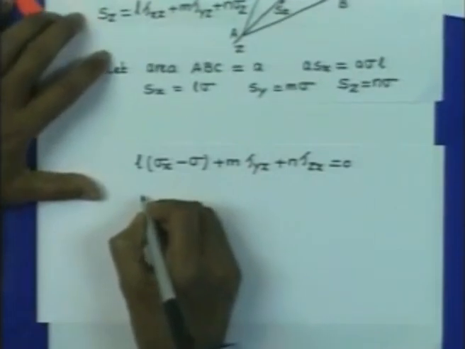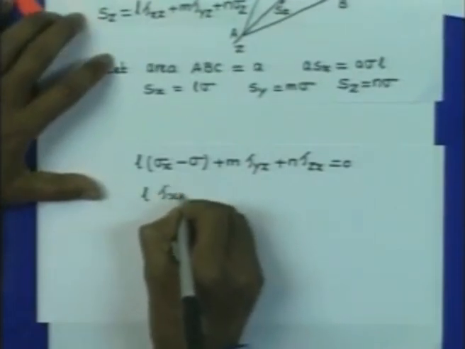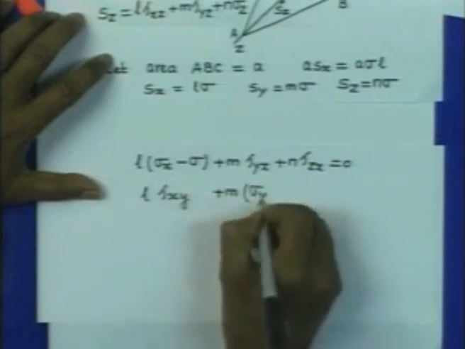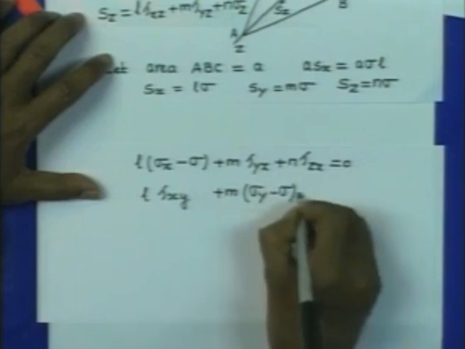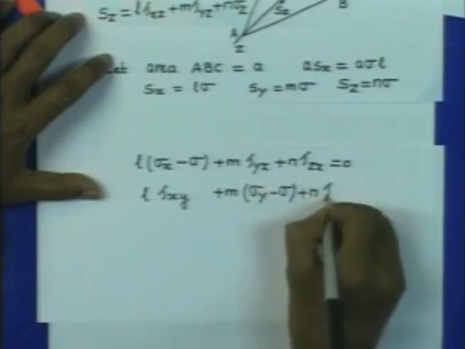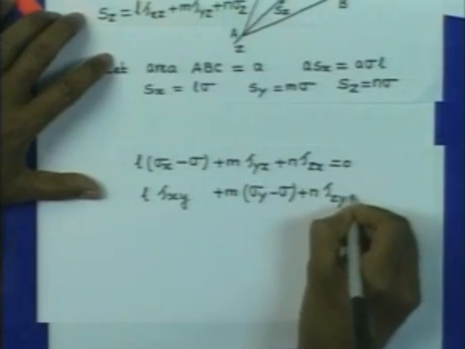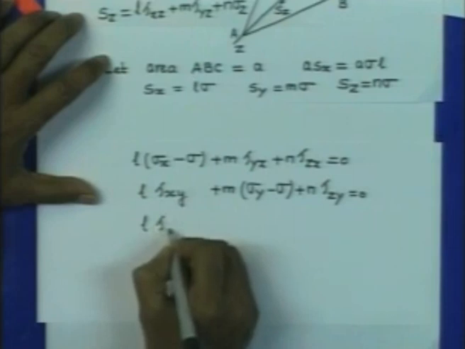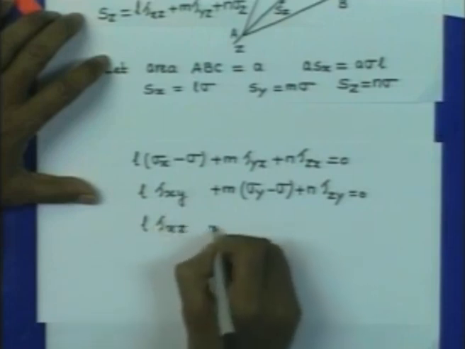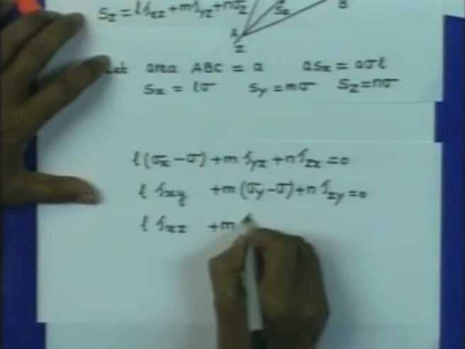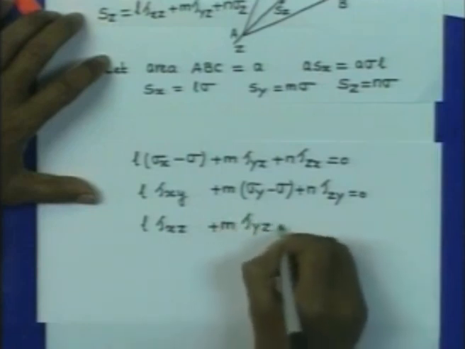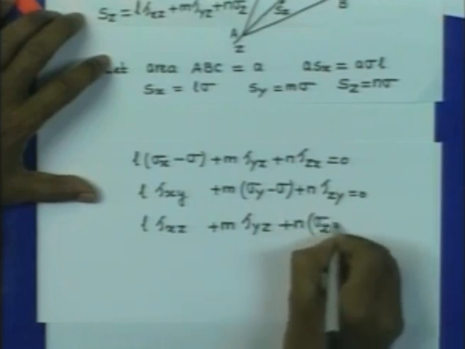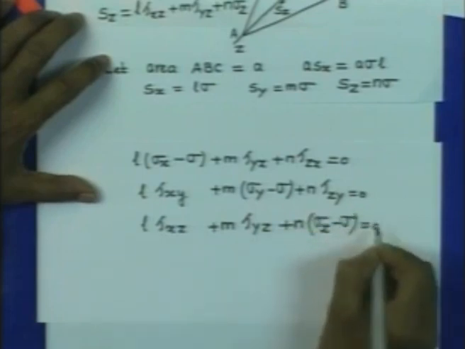Similarly, we get from the second expression m sigma y minus sigma plus n tau zy equal to 0. Similarly, L tau xz plus m tau yz plus n sigma z minus sigma equal to 0.